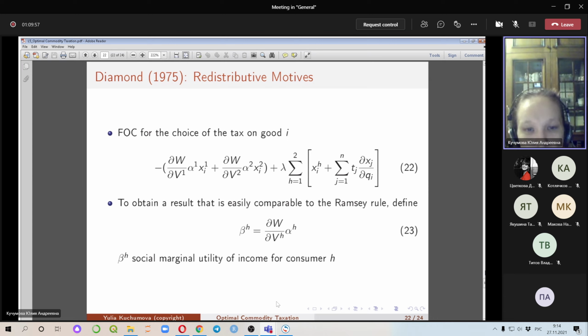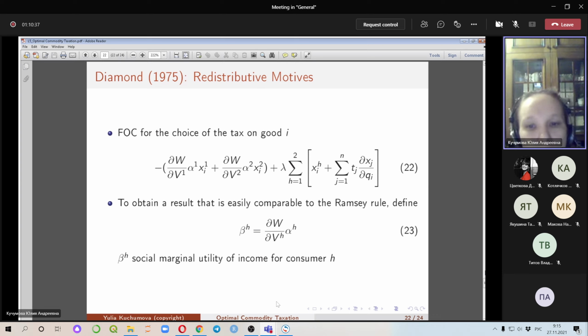This is basically the formula whose intuition we discussed. The first term is the welfare loss to all the individuals, right? This is the effect on the government Lagrangian, right?